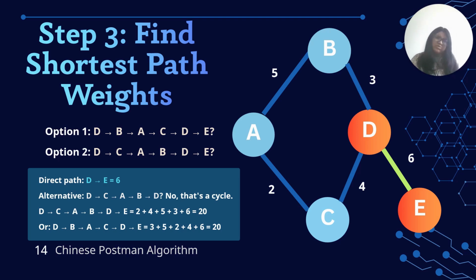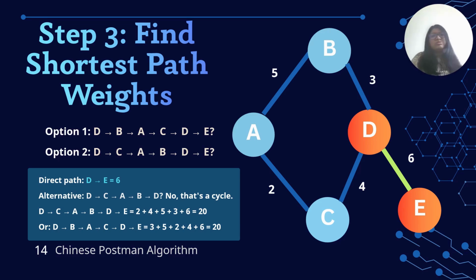Okay, what about this one? In option 1, D to B, B to A, A to C, C to D, and D to E. Again, we did the exact same thing. We looped all the way around and came back to D again before heading to E. Let's do the math. 3 plus 5 plus 2 plus 4 plus 6.